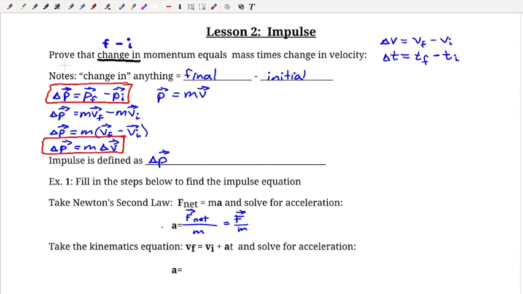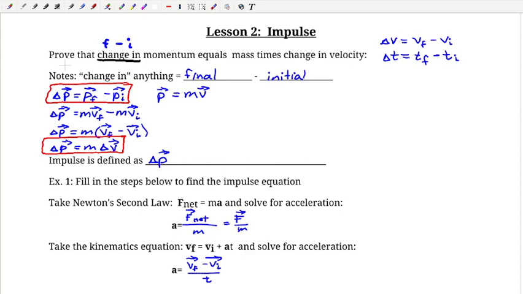And then we're going to use the kinematics equation, v final equals v initial plus at, and solve that for acceleration. If I subtract v initial to the other side and divide by t, that's going to get me acceleration. So v final minus v initial divided by t, that should look familiar.